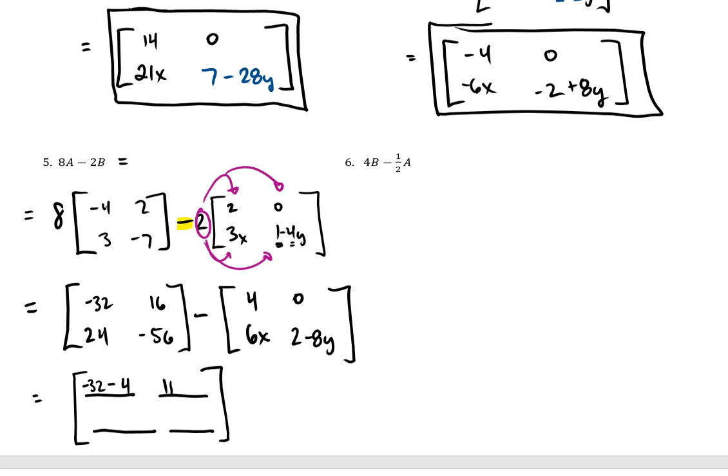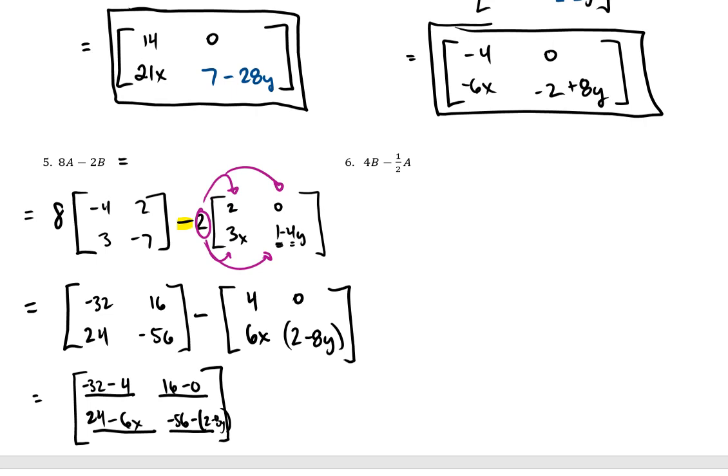And then we'll have 16 minus 0. And then we'll have 24 minus 6x. And then we'll have negative 56 minus, again, they're not shown, but it does have the implied parentheses. So it would be minus parentheses 2 minus 8y.